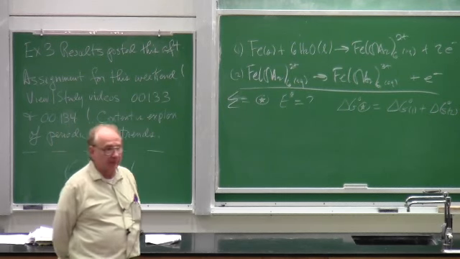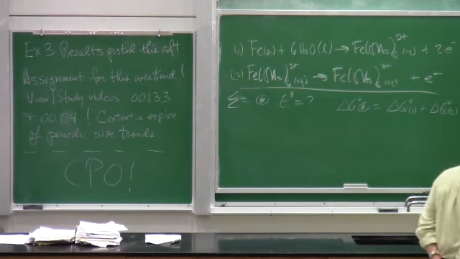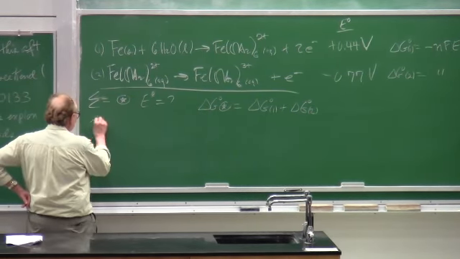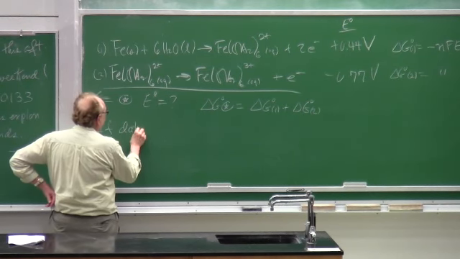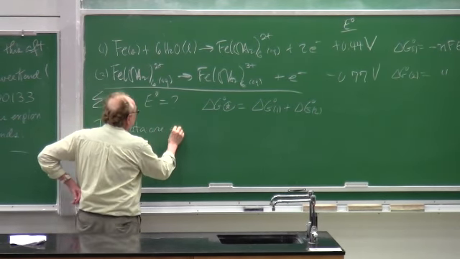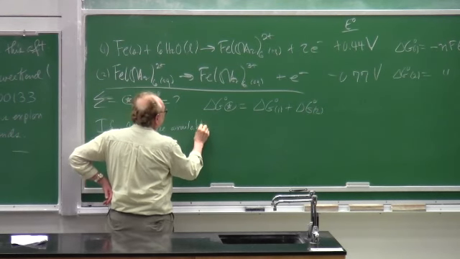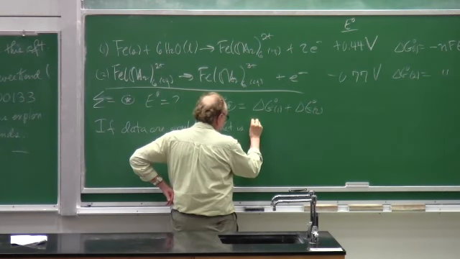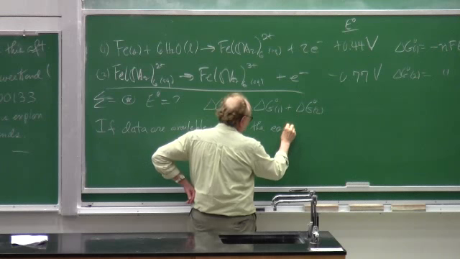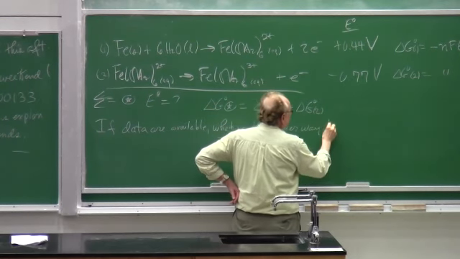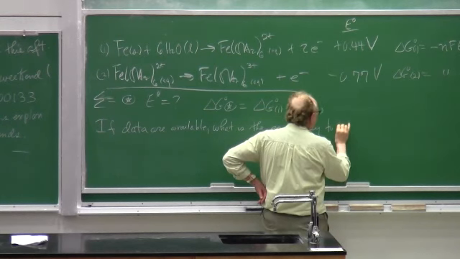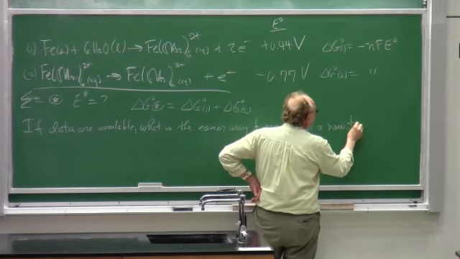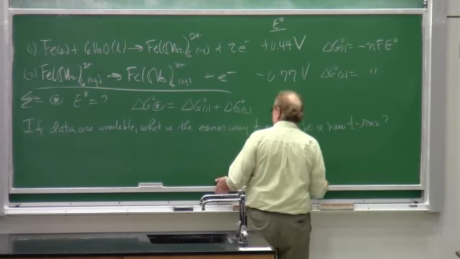To what data do I refer? So I'm going to write this down. If data are available, what is the easier way to get E0 for a new half reaction?